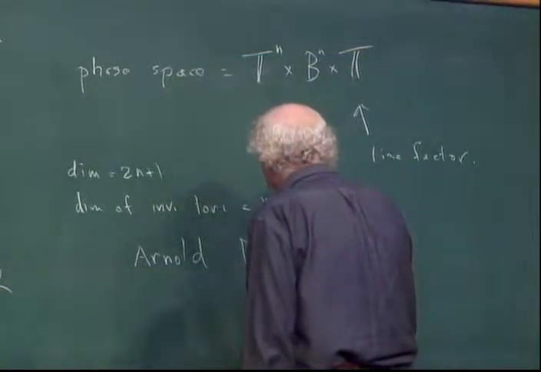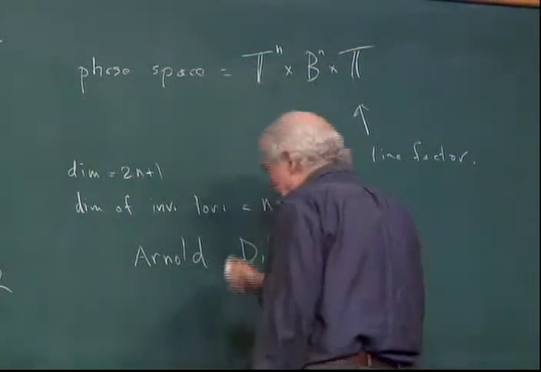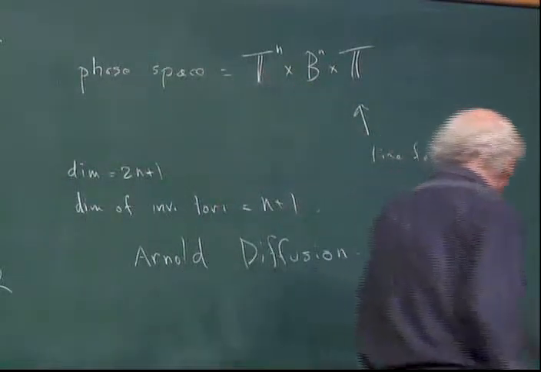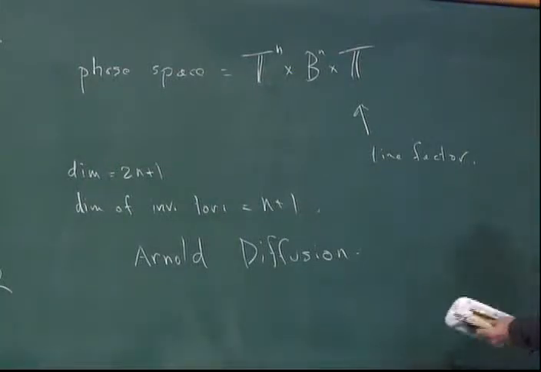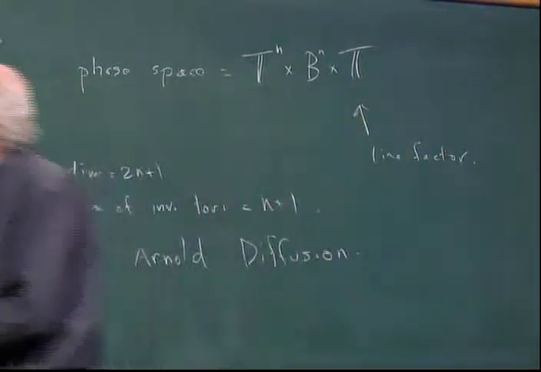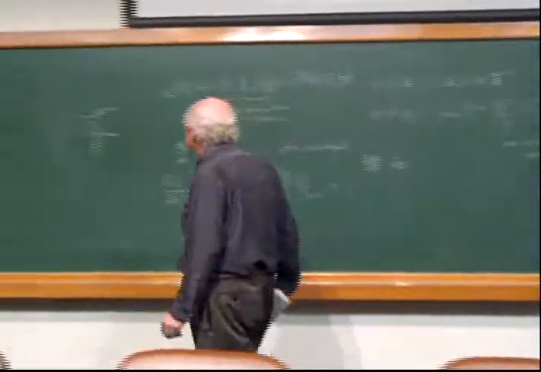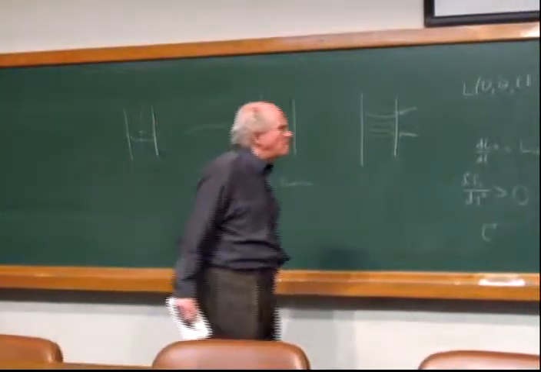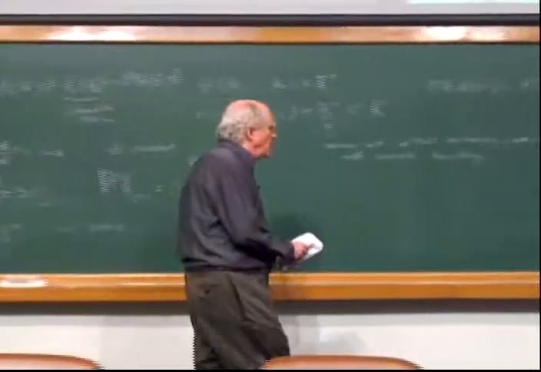Arnold made a very specific conjecture, and he also gave some examples where his conjecture was satisfied. But I'm not going to explain his conjecture. His conjecture is for arbitrary n. With my methods, I haven't succeeded in saying much for arbitrary n, but I can say something for n equals 2.